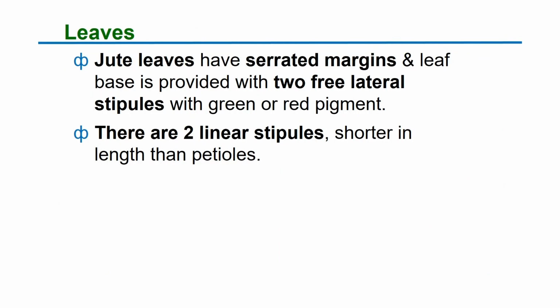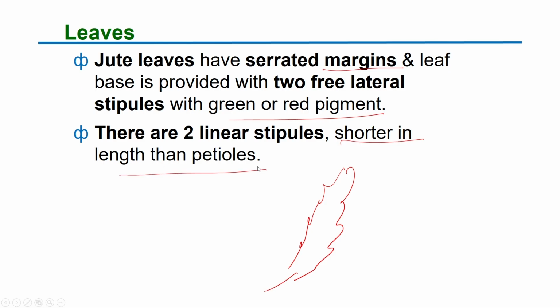Let us check the morphology of leaves. Jute leaves have serrated margins, and leaf serrated margins are like this. The leaf base is provided with two free lateral stipules with green or red pigment. There are two linear stipules shorter in length than petioles.